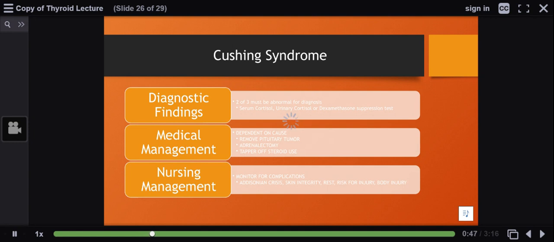If it was caused from the adrenal gland itself, the client would undergo an adrenalectomy. But we'd want to be very mindful that afterwards, in the post-op period, the client would be observed for signs and symptoms of Addison's disease due to a decrease in the circulating adrenal hormones.